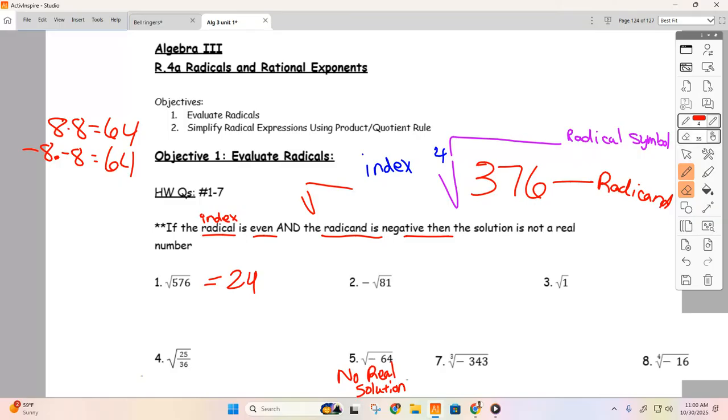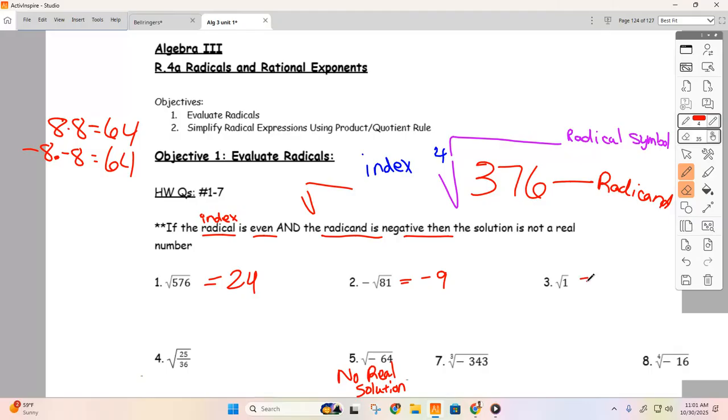Just like when we did absolute values, if my negative is on the outside, I leave it alone and do that last. So under the radical, I'm taking the square root of 81, which is 9, and the negative is on the outside, so it stays. So the negative stays there because it was outside of the radical. That's the difference between this one and this one.